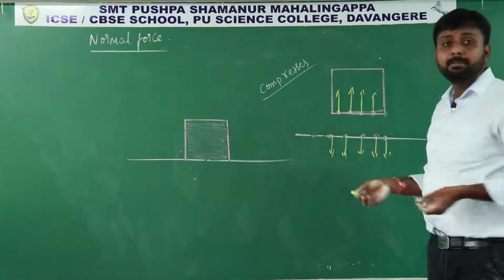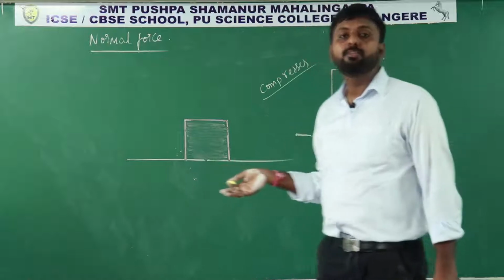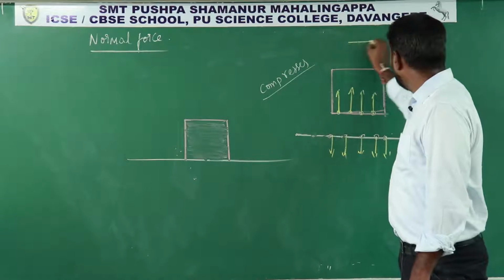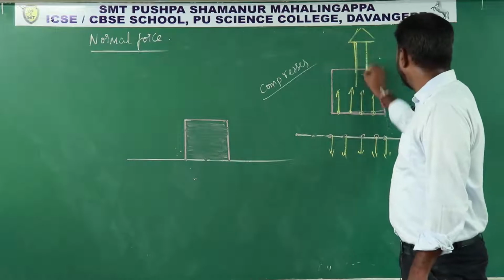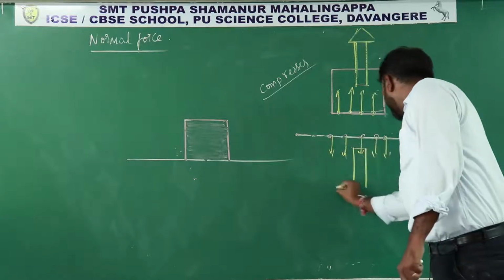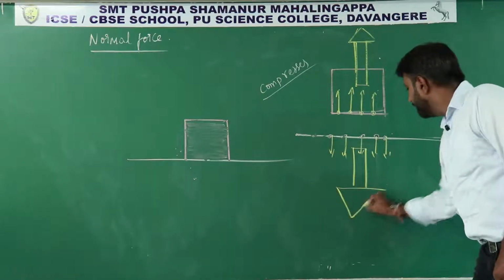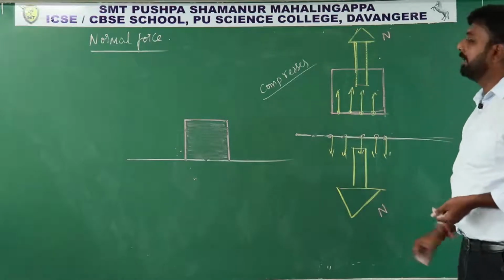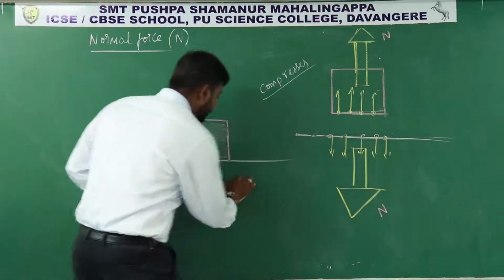So remember, the tension force is a pulling force, and this normal force is a pushing force. The resultant of all these forces you can draw in this direction. Then this force is called the normal force, represented by N. Why is it called normal force?